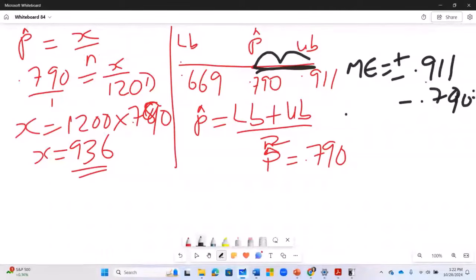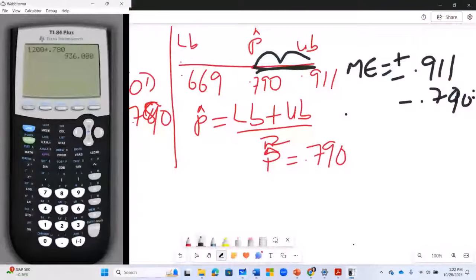All right, so I am going to calculate the margin of error. I have 0.911 minus 0.790, and what I have is 0.121.